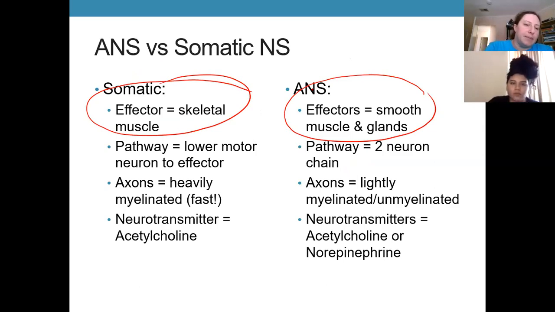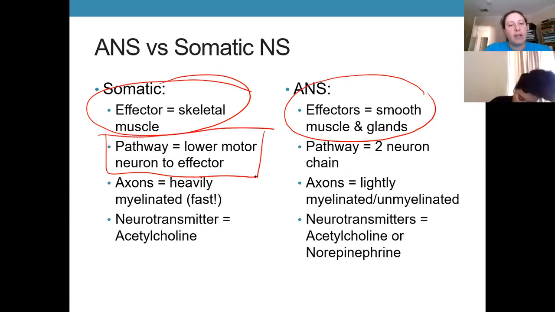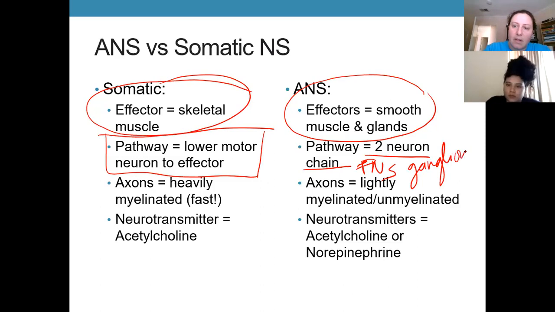So in the somatic, we have that single lower motor neuron that comes from the central nervous system out to the skeletal muscle effectors. But when we have motor output in the autonomic nervous system, there's actually two neurons in the peripheral that form a chain. And so we'll see how that works today, but it means that there's always going to be a ganglion involved and a synapse in the peripheral nervous system for the autonomic.